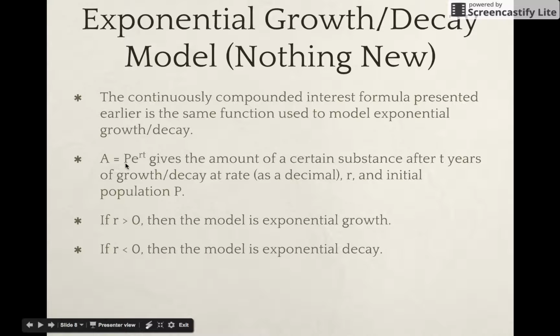So the same formula that we use to calculate those continuously compounded interest problems, we can use to model growth and decay. The only difference here is that our growth rate could be negative, could be less than 0, and in that case we would be modeling exponential decay.